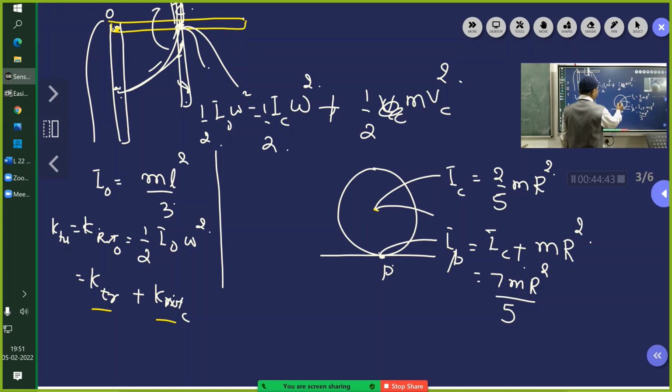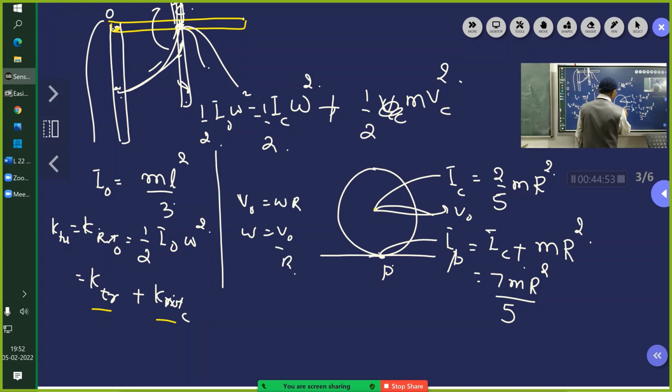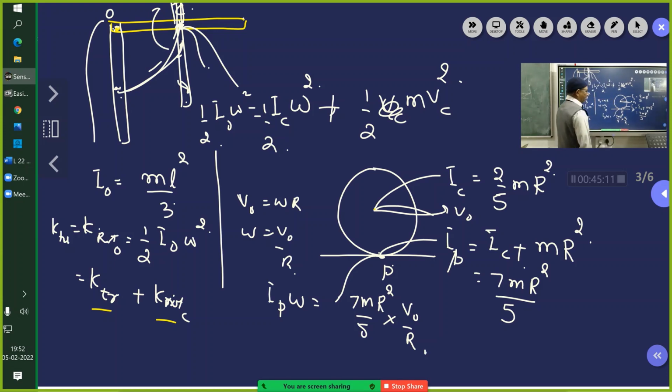Omega is the same, and V0 is equal to omega R, so omega is V0 by R. The angular momentum at this point is IP into omega, which is 7 mR squared by 5 into V0 by R. So you will get 7 mRV0 by 5. That is the answer.